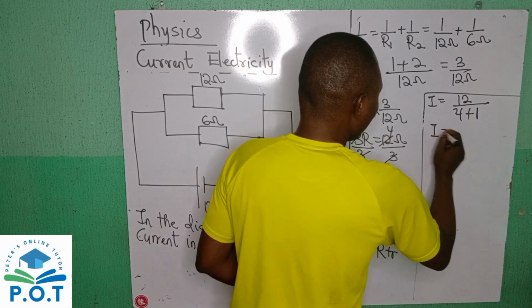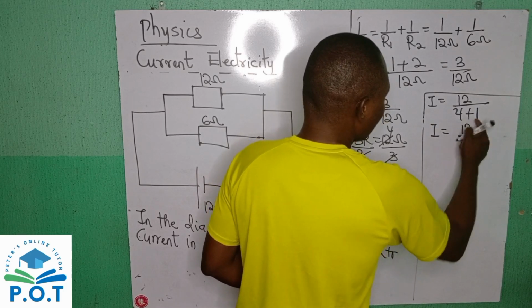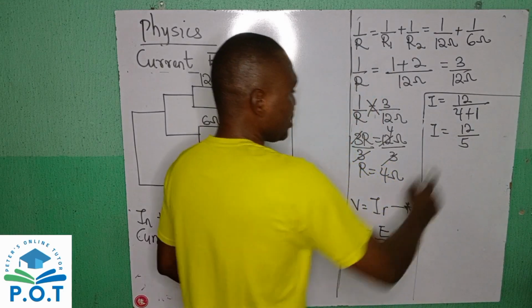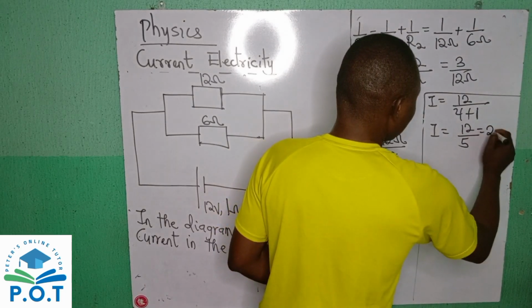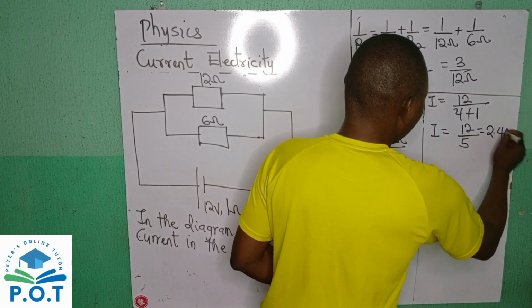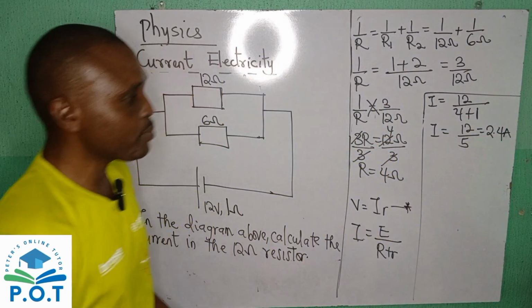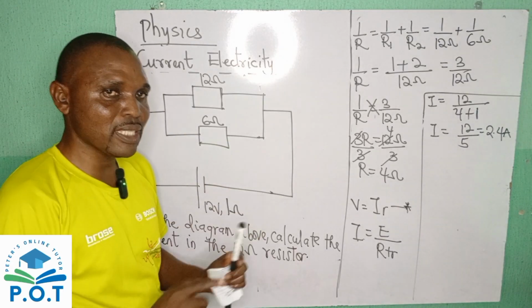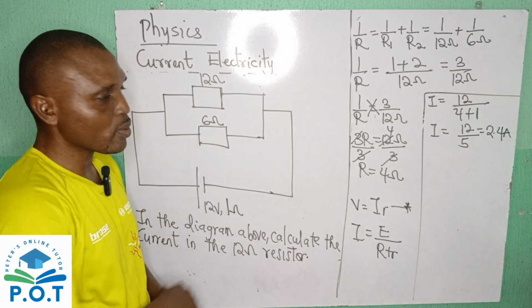So I equals 12 over 4 plus 1, which is 5. So divide 12 by 5, that is 2.4 amperes. So 2.4 amperes is the total current that flows through this particular circuit.